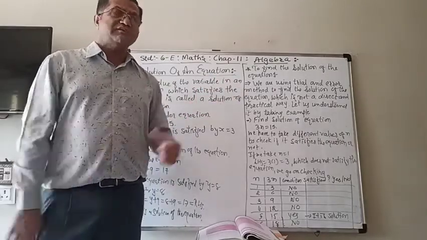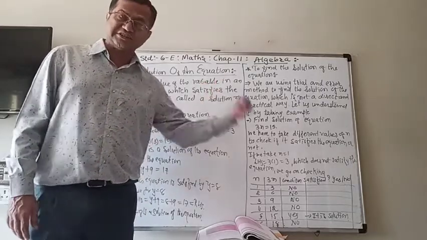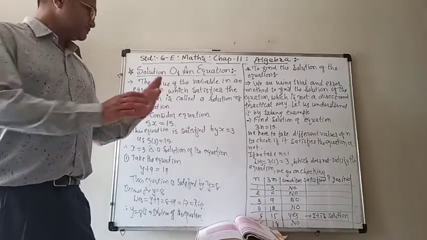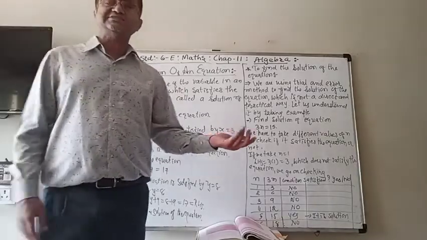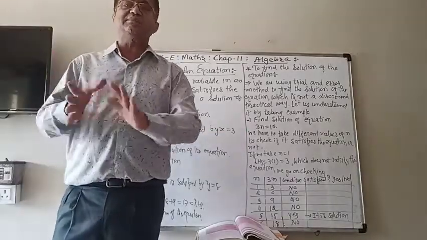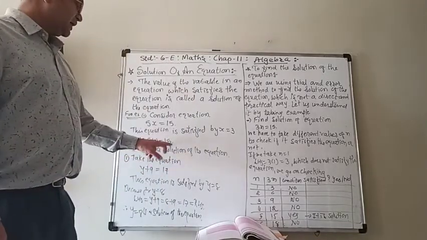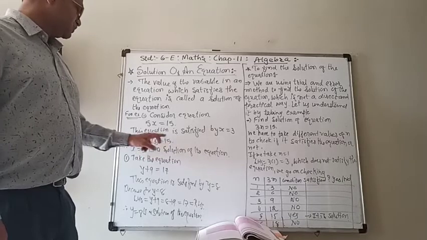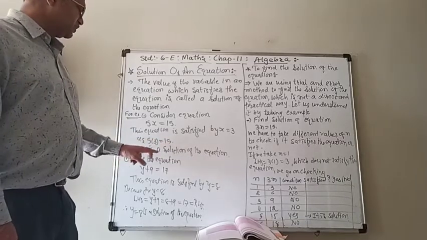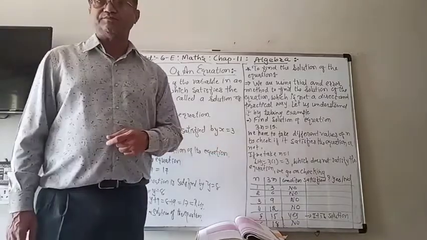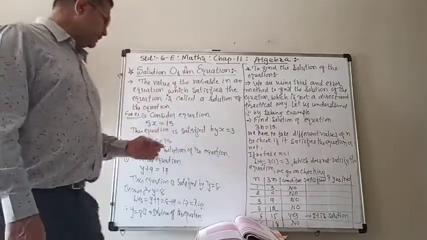Only when you use x equals 3 is the equation satisfied. The values on the LHS and RHS become equal: 5 3s are 15 and RHS is also 15. So we can say that x equal to 3 is the solution of the equation.